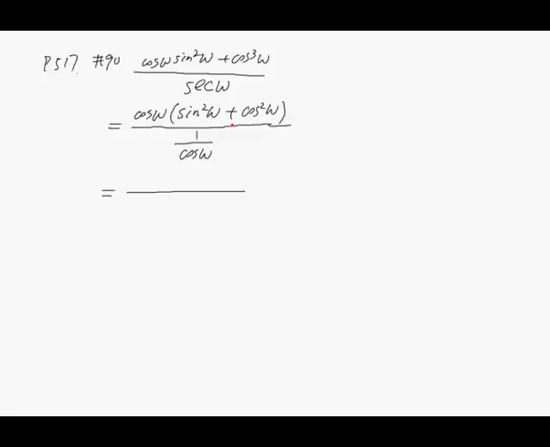Now, inside parentheses, we can use the fundamental identity. Okay, we know this is equal to 1. So right now we get cosine w over 1 over cosine w. And then if you flip this to the top, then you get cosine square w. Okay.